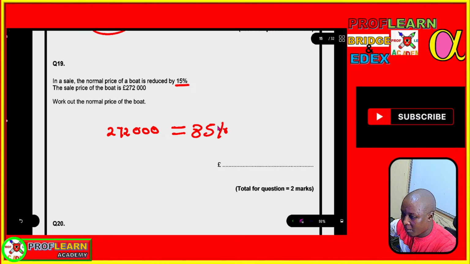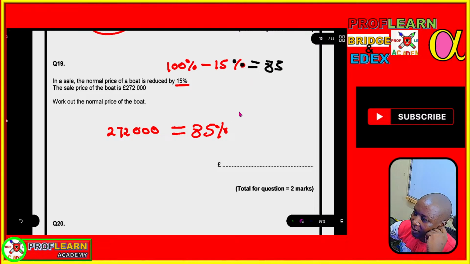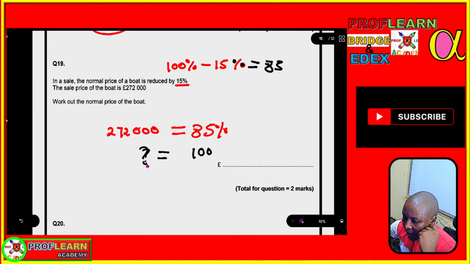85%, because already the price is 100. When it's decreased by 15, we are going to get 85%. So we ask ourselves what 100% will be equivalent to.